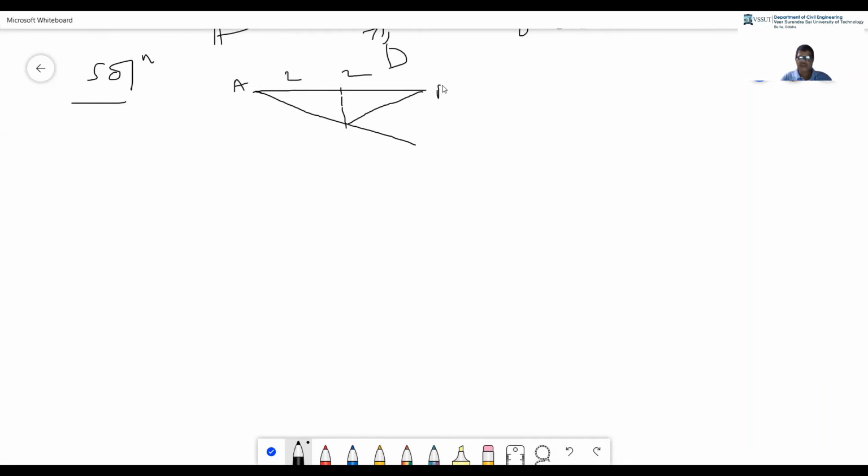There will be MP here, MP here, MP here, with theta, theta, and delta. So all are MP. Now the load given here is 50 kilonewton.